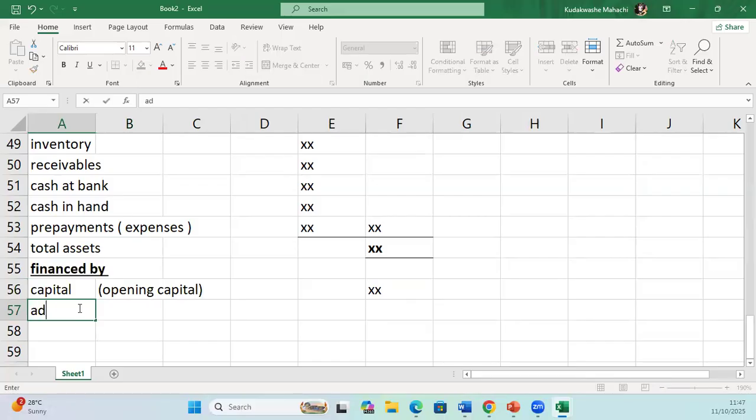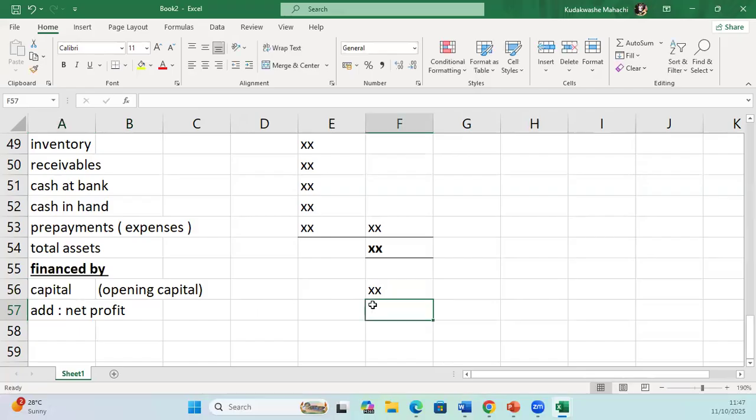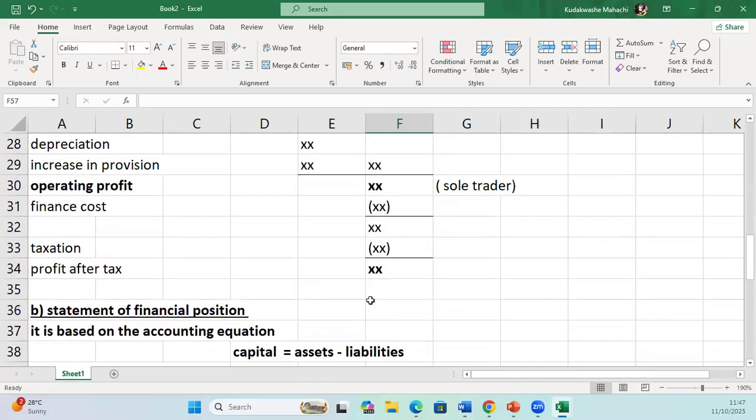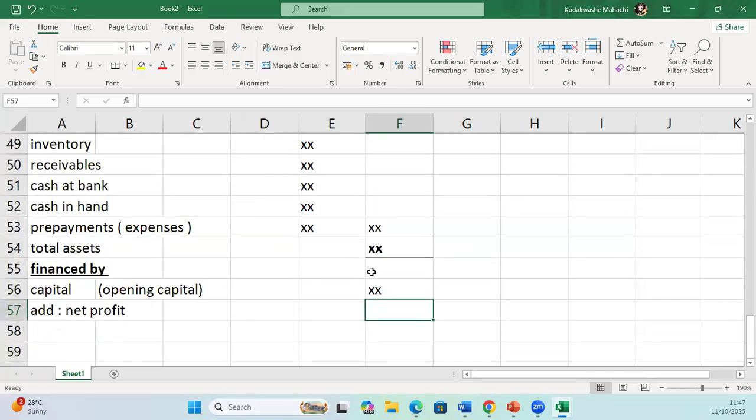Then we add net profit. So to the opening capital, we add the net profit, which is what we have obtained here. The profit that we make increases our capital.